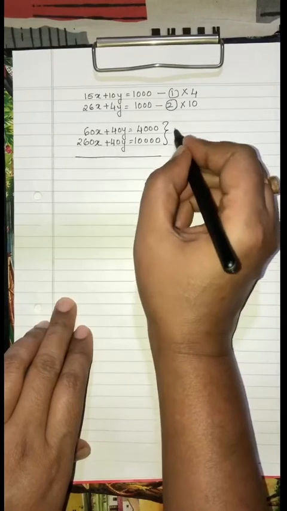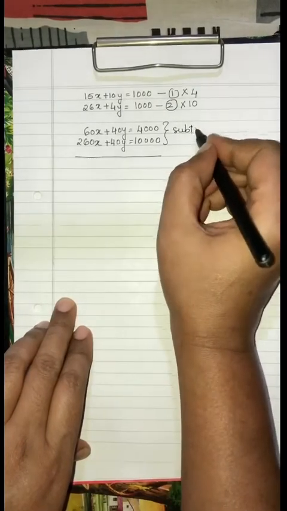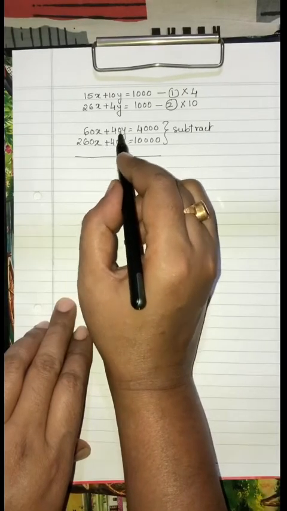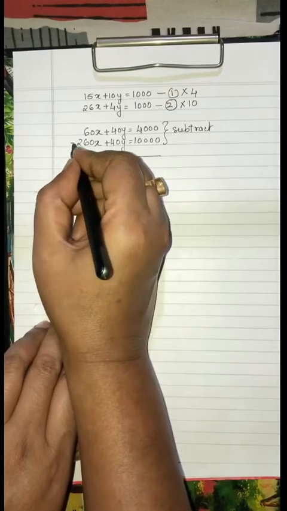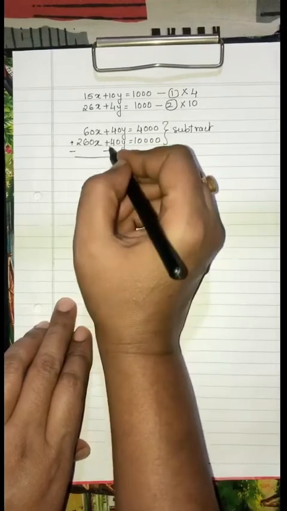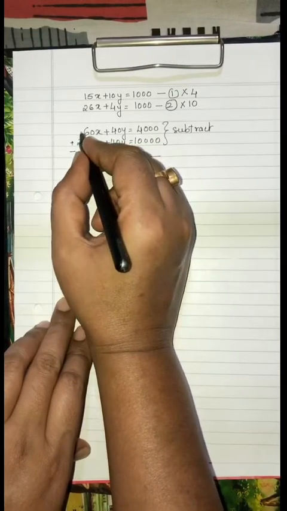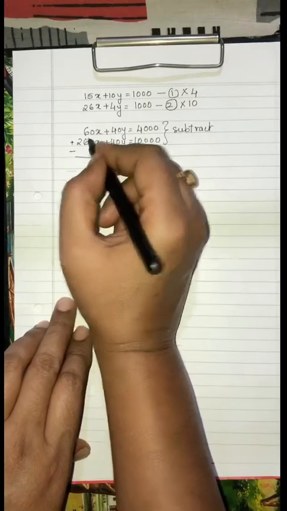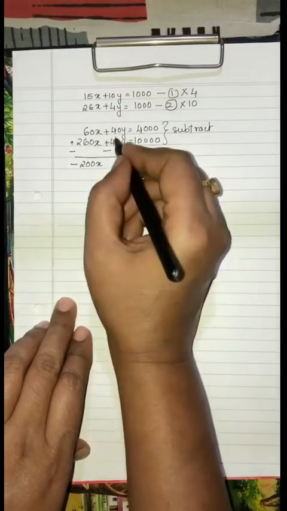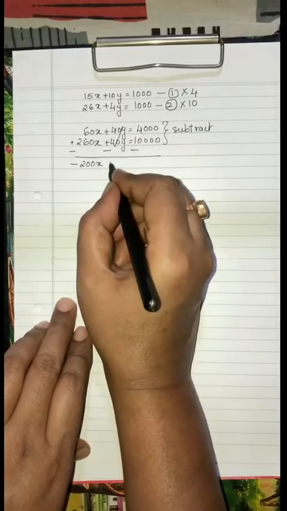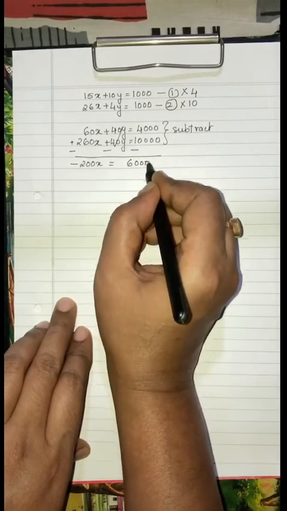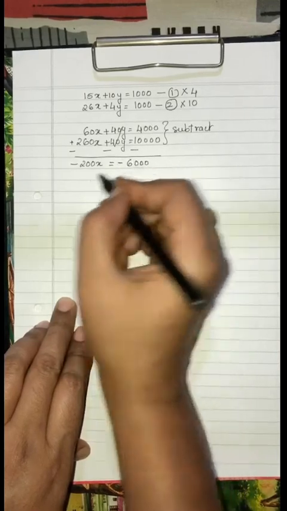Now you have to subtract both for the change of signs, because we want the opposite signs for the cancellations of these two. So this plus 260x becomes negative, this also becomes negative, and this also becomes negative. So positive and negative you are going to subtract. The subtraction will give you 200x, and the bigger number sign here, the y cancels, and equal to 10,000 minus 4,000 will give you 6,000. Bigger number sign will come in the answer.